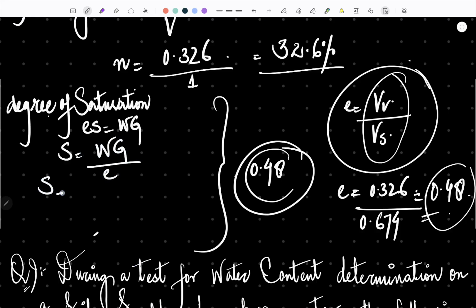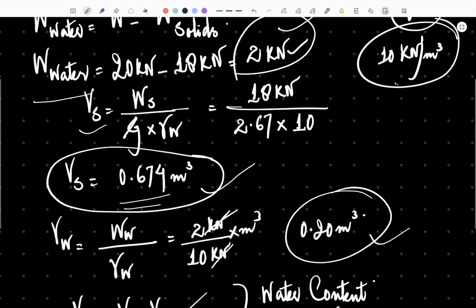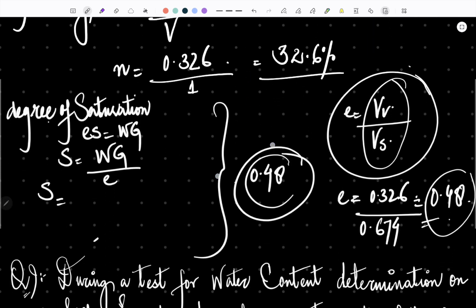We know water content. That was the first thing we found, and it was equivalent to 11.1%.